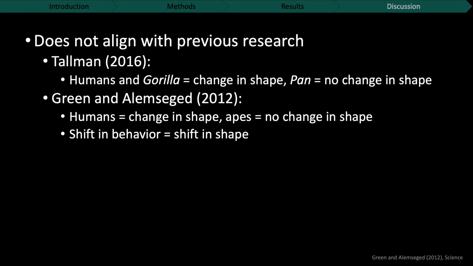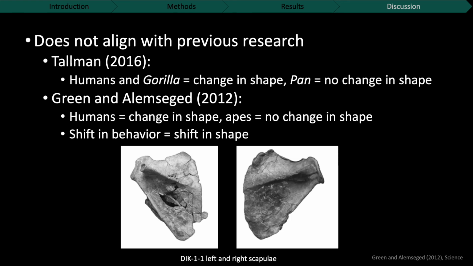Green's study also went further. They reconstructed a juvenile Australopithecus afarensis as having ape-like development because there was no significant change in shape through ontogeny. Now, that study was performed on a different bone of the body and used linear measurements, and again, perhaps different patterns of shape change occur throughout the body.